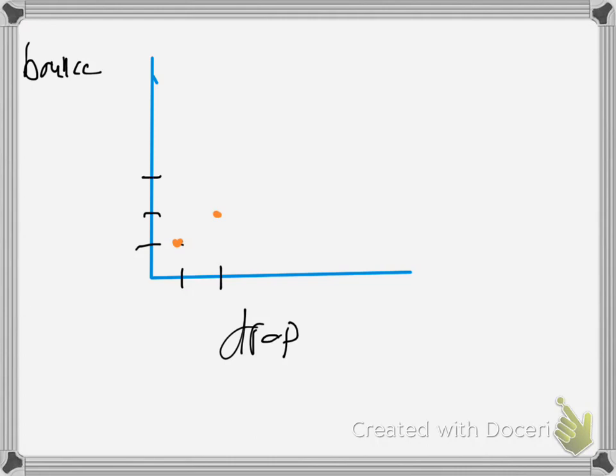So this would be for low speeds, right? When it's low speeds, it said it was elastic. So that means that our slope would equal 1. So let's show that.